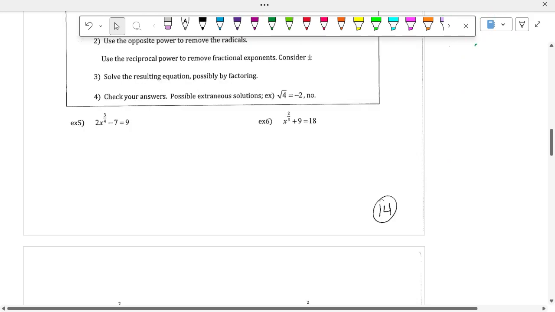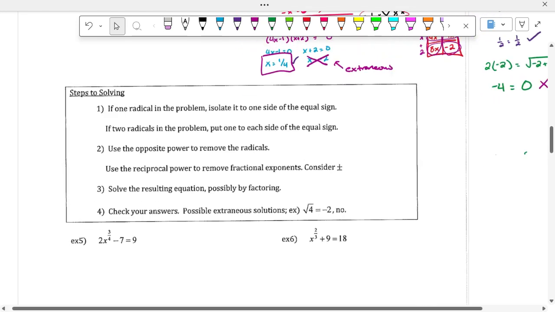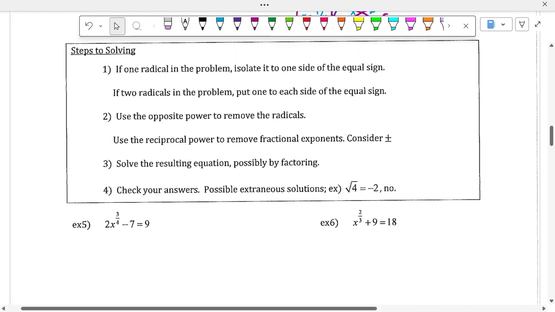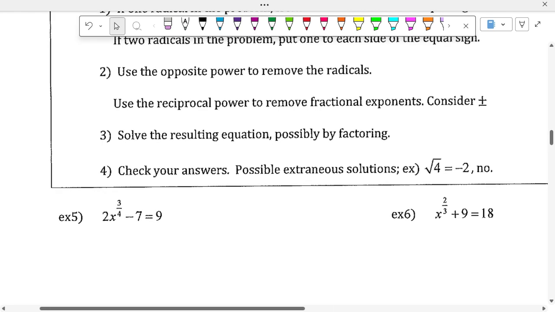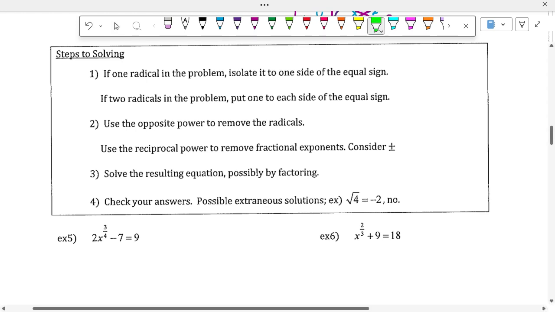Now, last thing, we're almost done. This is quick. Last thing is fractional exponents where you have both a power and a root. So the way you take care of these is if one radical is in the problem, isolate it to one side of the equal sign.